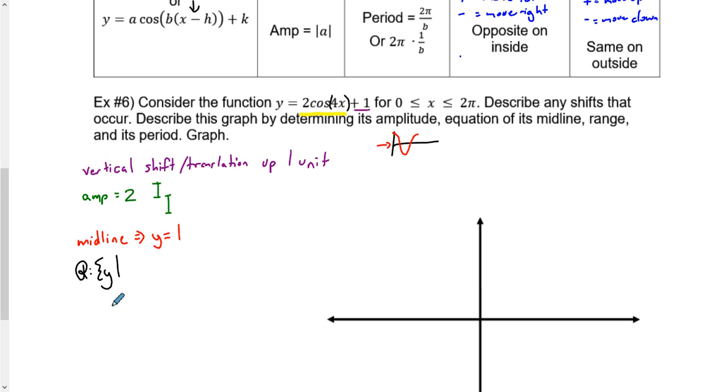If our midline is 1, the lowest point will be taking 1 subtracting 2, which is -1. From our midline to its highest point, we'd be adding 2, which means it would be going all the way up to 3. So the range on this one would actually be from -1 to +3.